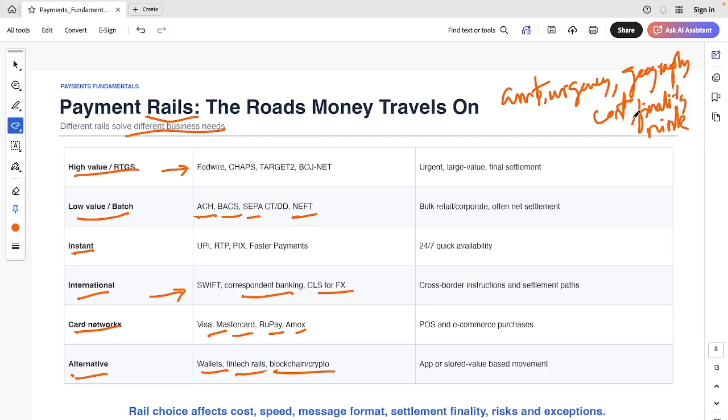So, in real projects, rail choice affects your message format, your settlement model, customer experience, operational risk, and exception handling.